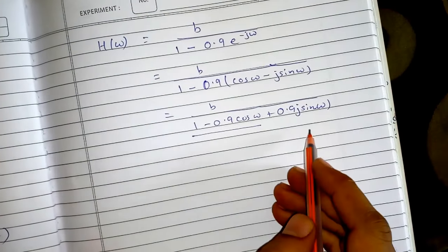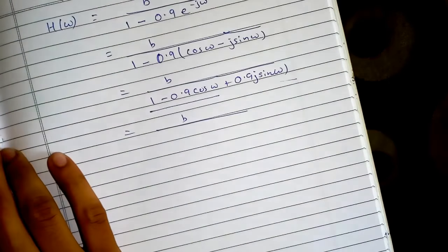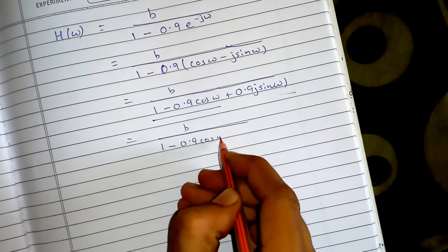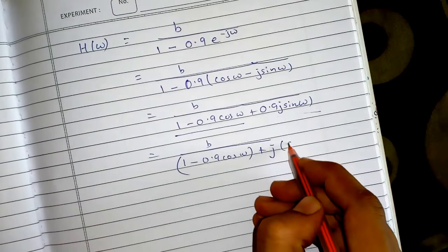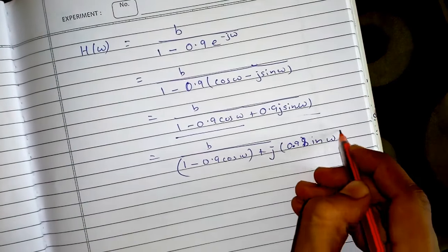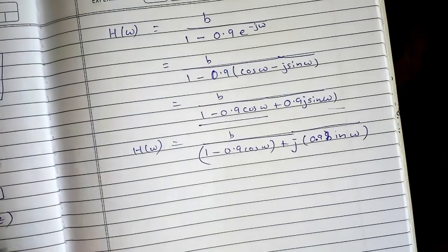Take the real part together, imaginary part together. I will have 1 minus 0.9 cos omega as the real part plus j 0.9 sin omega as the imaginary part. Now this was my h of omega.